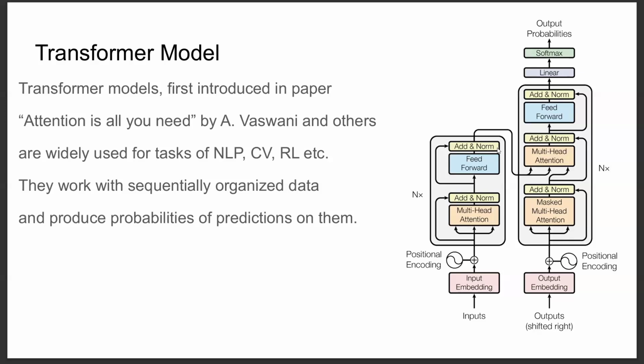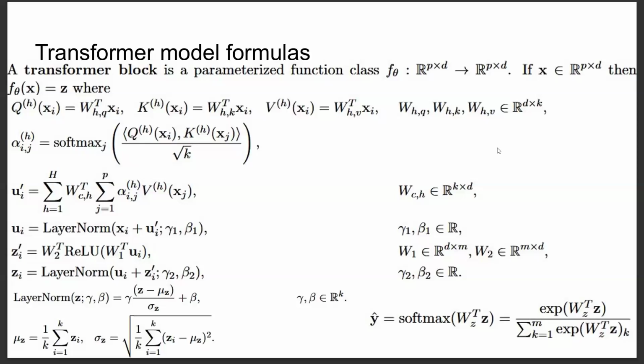I will define it in several minutes, but it was first introduced around 8 years ago, and now it is widely used in natural language processing, computer vision, and reinforcement learning. It basically works with any sequentially organized data. So let me define the model here.